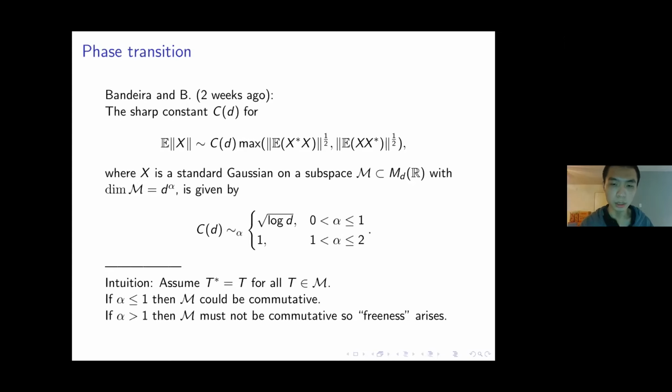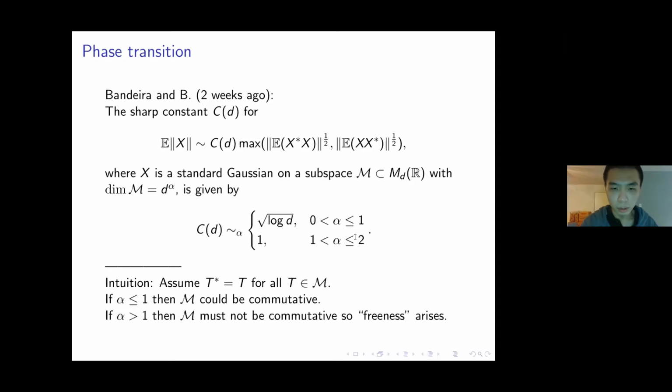If freeness arises, then somehow we get a dimension-free estimate, because in free probability, the free central limit theorem gives the semicircle law, and the semicircle law has compact support, whereas the classical Gaussian, from the classical central limit theorem, has infinite support. That's why we have the square root of log D, because that's really the L^p norm of a standard Gaussian for p equal to log D. But the semicircle law has compact support, so that's why it's dimension free. So that's it, but this is just intuition.